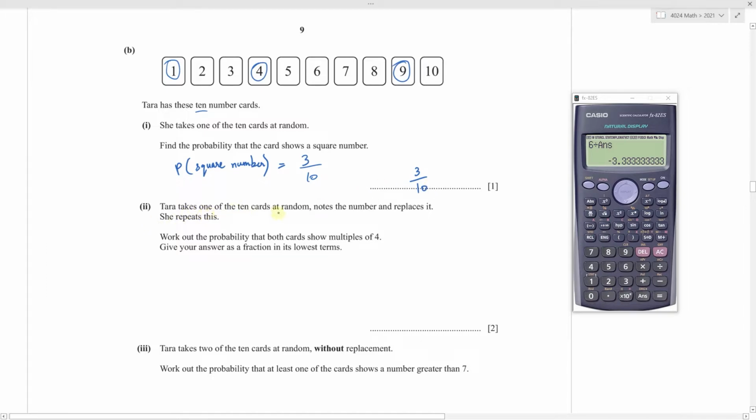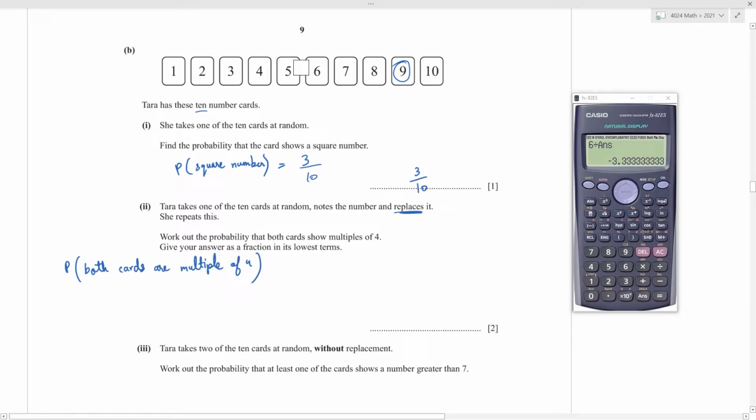Tara takes one of the 10 cards at random, notes the number, and replaces it. She repeats this, work out the probability that both cards show multiples of 4. Give your answer as a fraction in its lowest terms. So you have to find probability both cards are multiple of 4.